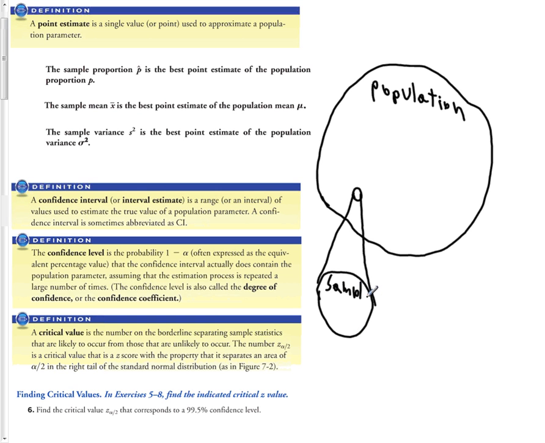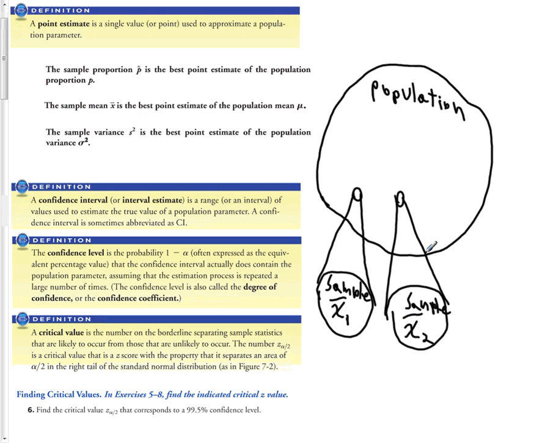This sample from my population is going to have its own mean and standard deviation. Let's call that x bar 1, the sample mean from the first sample. Let's say we take another sample. Let's call the first sample sample 1 and the second sample sample 2, so its mean is x bar 2.